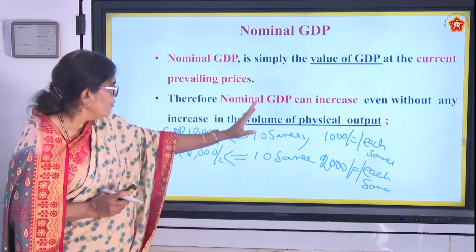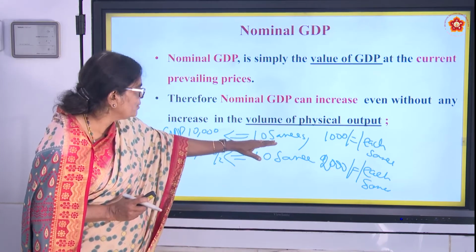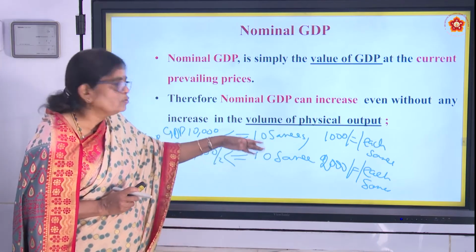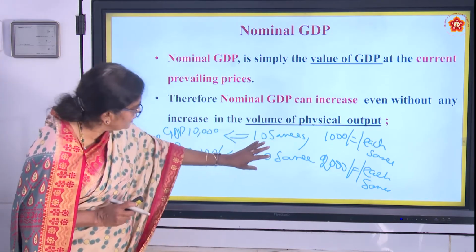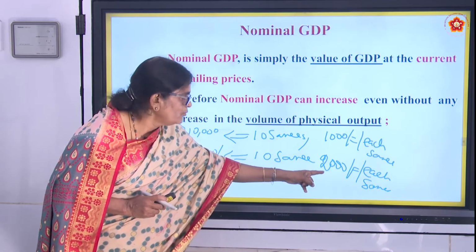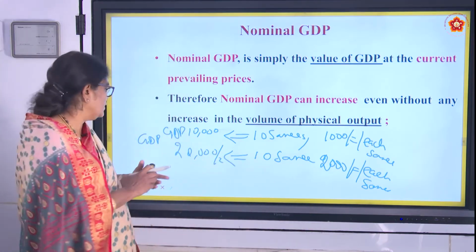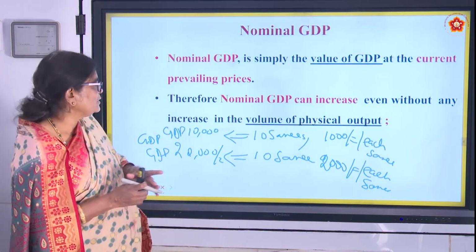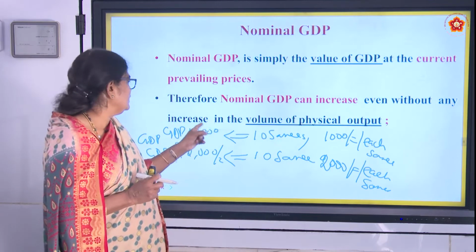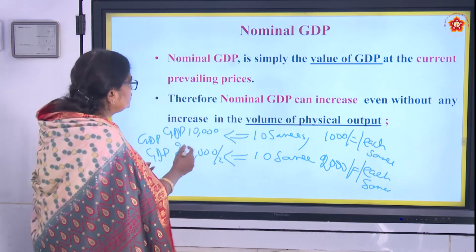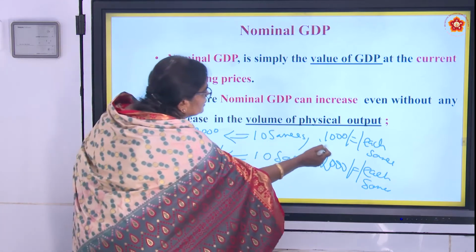This is the example that nominal GDP can increase even without any increase in the volume of physical output. 10 saris at the rate of 1,000 it was there. Now, due to some circumstances, for the same 10 saris the prices have gone up. Therefore, now the GDP value is 20,000, without any increase in the volume of product. Nominal GDP means using the current prices.